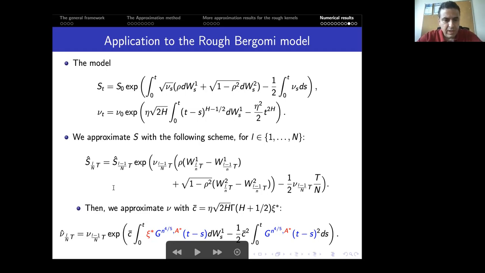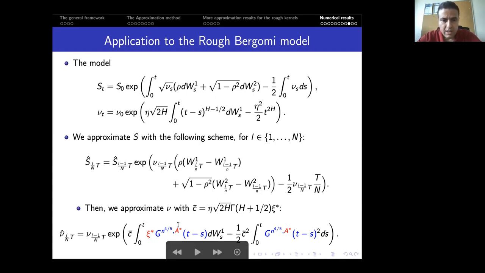At the end of the day, what we have to do is to approximate the volatility vector that appears here, the nu n. And in order to compute the nu n, you need of course to compute this stochastic integral, and for this one we used our systematic approximation.